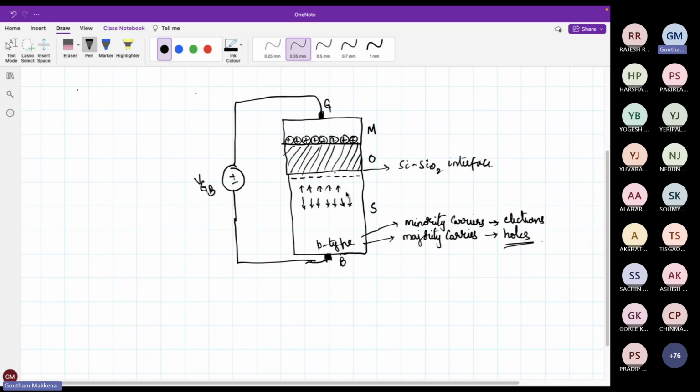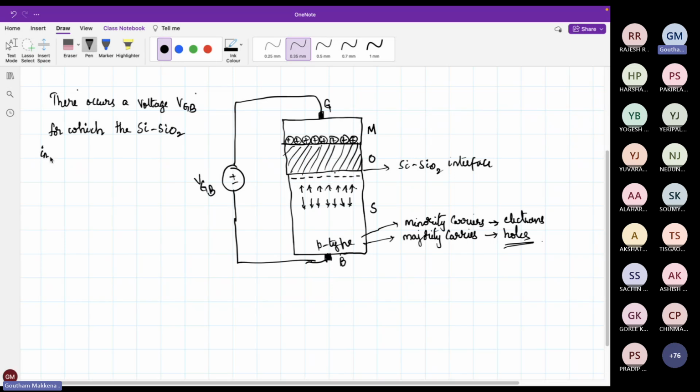Okay. So now I'll make one bold statement. Okay. So follow this carefully. Now there occurs a voltage VGB for which, okay, the Si-SiO2 interface. Okay. So this is the region that I'm trying to focus on. Okay.